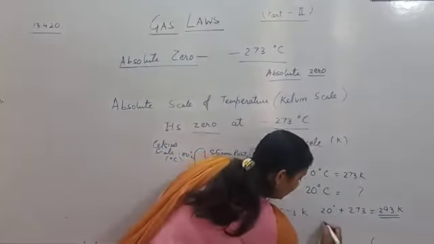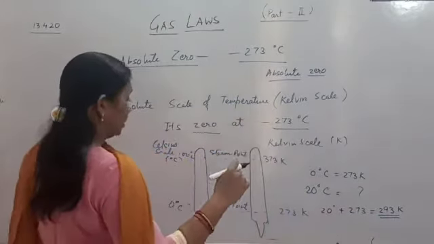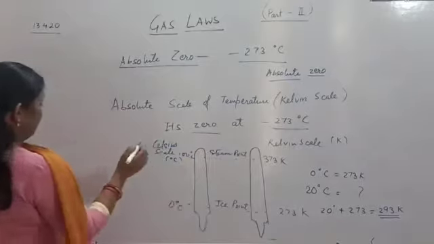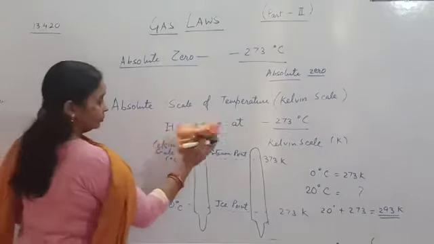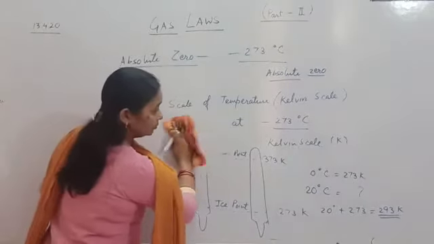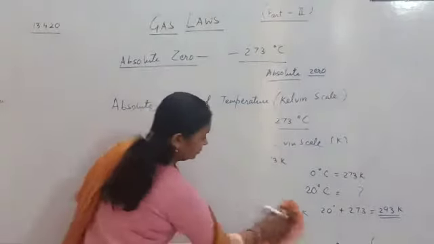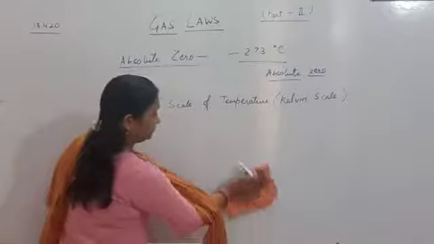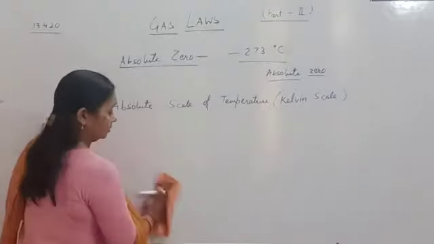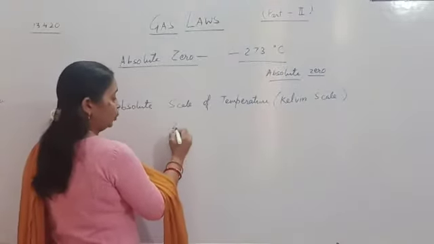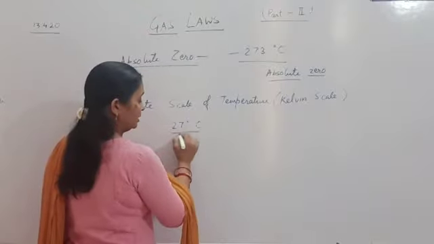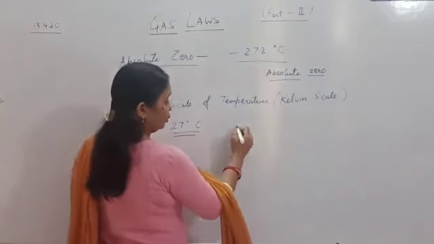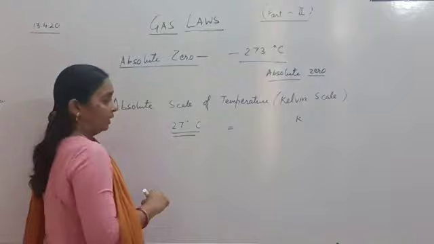Now suppose I am taking another temperature. Suppose we have 27 degrees centigrade on the Celsius scale and I want to convert it into the Kelvin scale. What am I going to do?